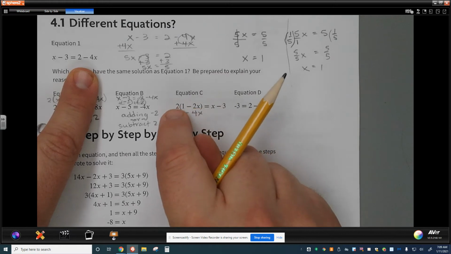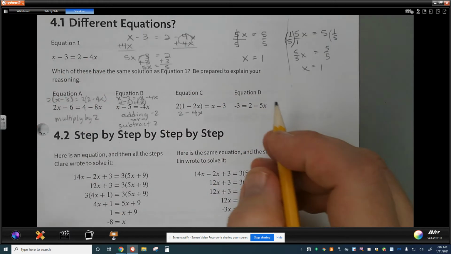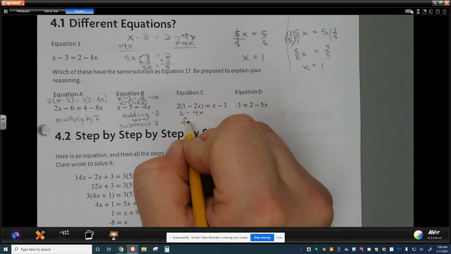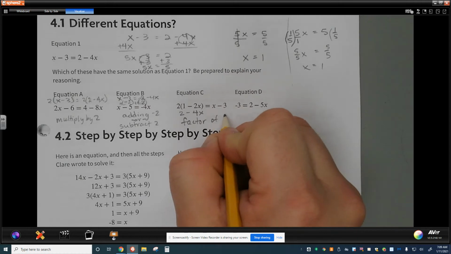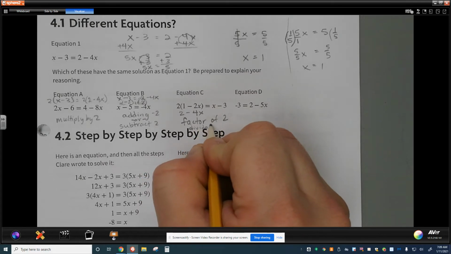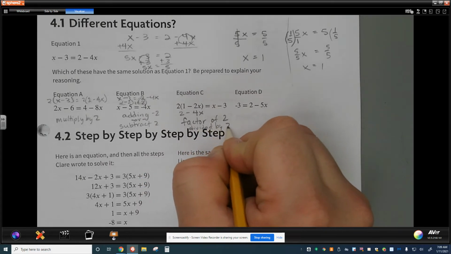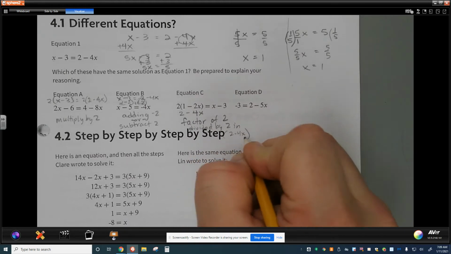They factored out a 2 from this expression to make it look a little different, but it really has the same value. So we would say factor out 2, or we do the factoring in this case by dividing by 2 in 2 minus 4x.